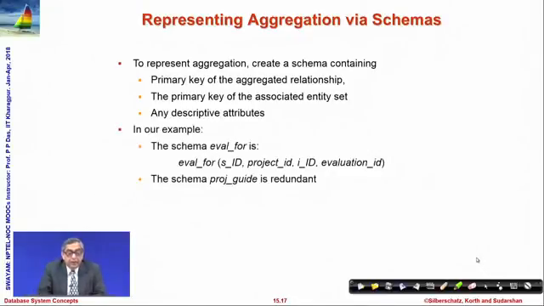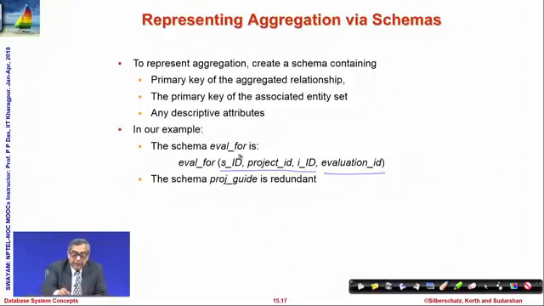In our example, the schema would be eval_for, and that schema will have these entities, these are attributes of the aggregated or abstract entity set which is coming from the student, project and instructor entities, and this is for the evaluation ID. So, we put this together.